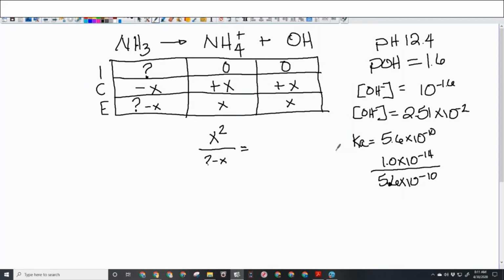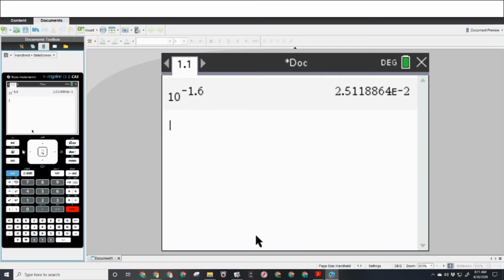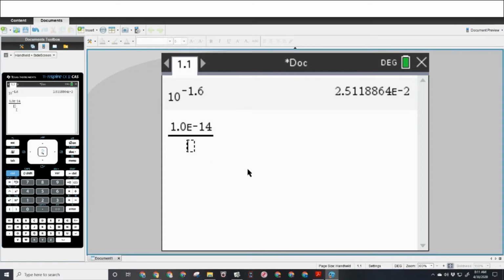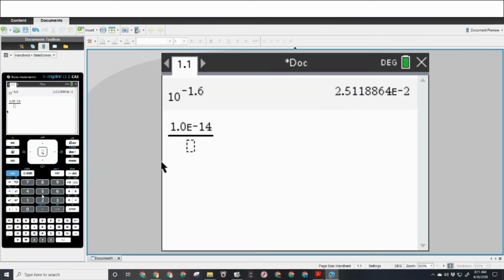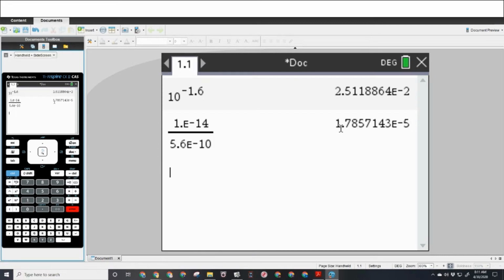So 1.0 times 10 to the negative 14th divided by 5.6 times 10 to the negative 10 gives 1.79 times 10 to the negative 5th.